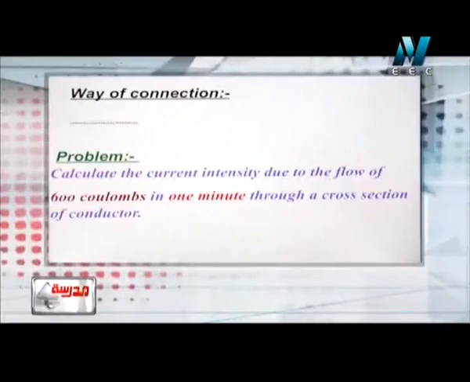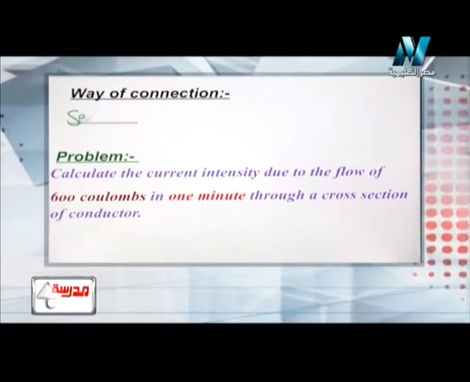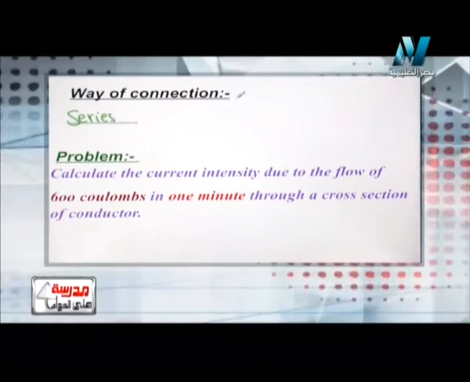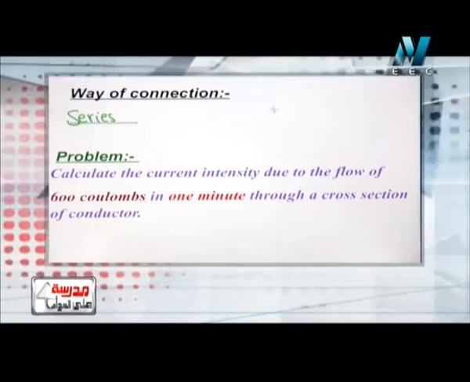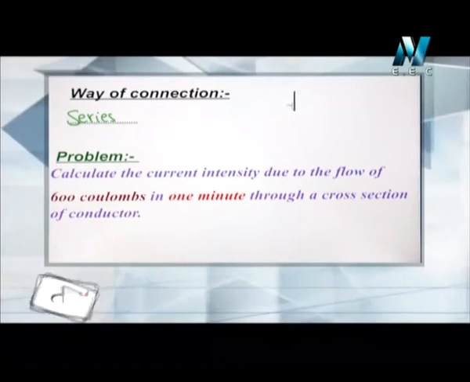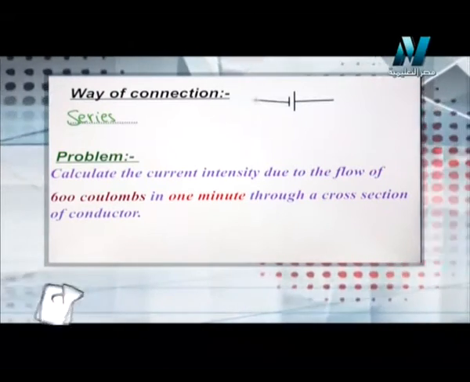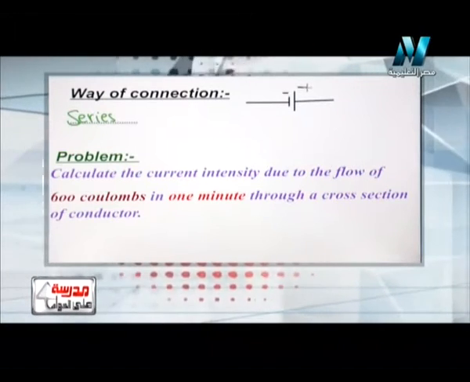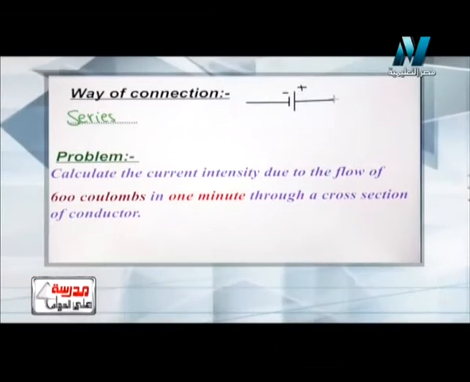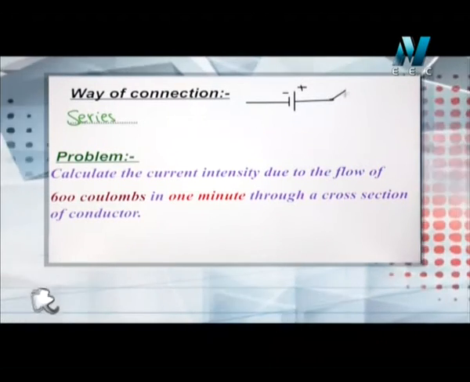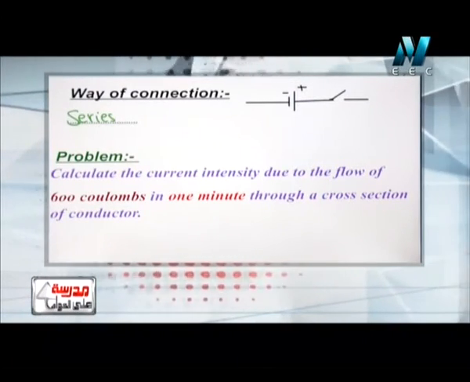The way of connection of ammeter is series. يبقى لازم اقول له ايه what connection here is series connection. How come؟ بصوا بقى الاميتر as we know we have for example here dry cell as we studied before in sixth primary. ستة ابتدائي خدنا دي اسمها ايه negative and what here positive تمام and here we have the key, اللي هو السويتش زي ما بيسموه او الكي مفتاح الكهرباء بتاعتنا.